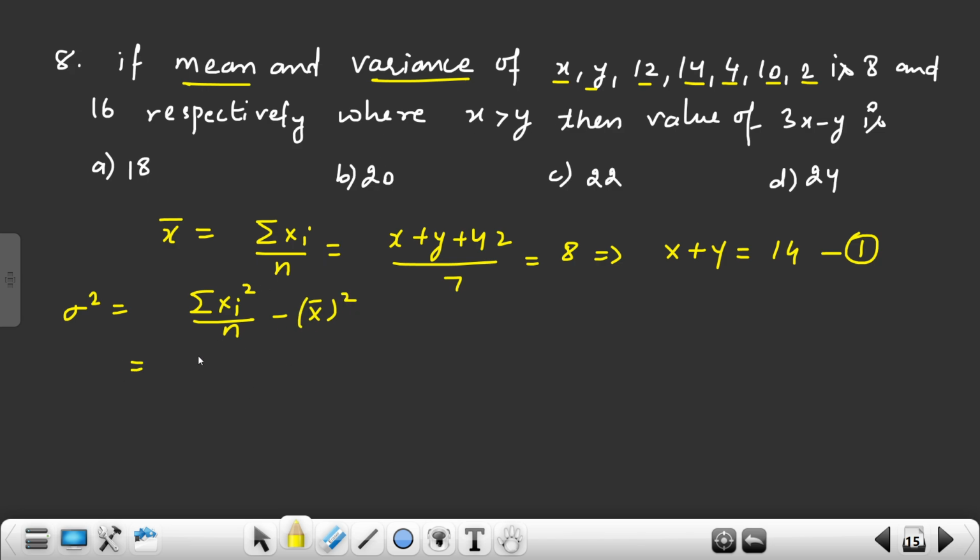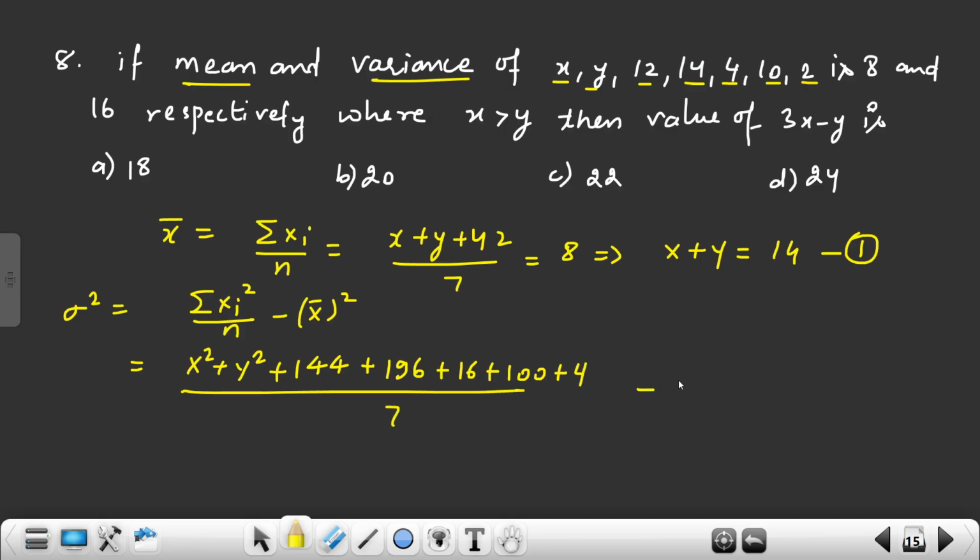Now let's do the square. x square plus y square plus 144 plus 196, 100 plus 4, by 7. Mean is how much given? 8. 8 square is 64 and the variance is given as 16. So 80 it is.